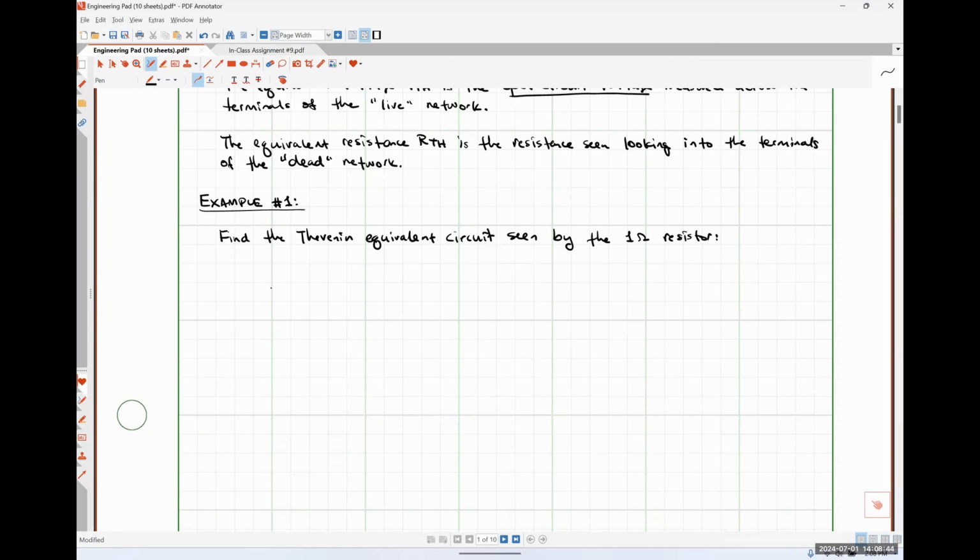So we have the following circuit. Here we have a 4-volt source. Here's a 9 ohm resistor. There's a 3-volt source.